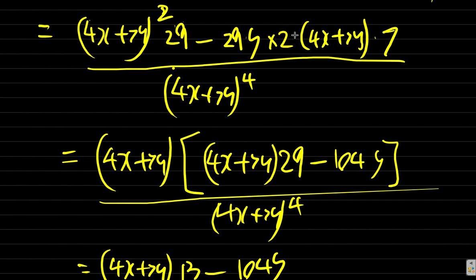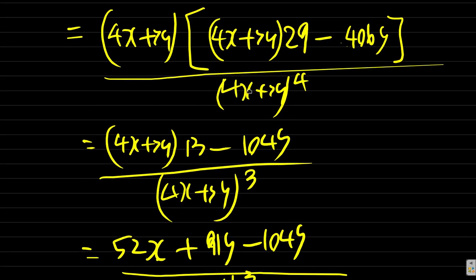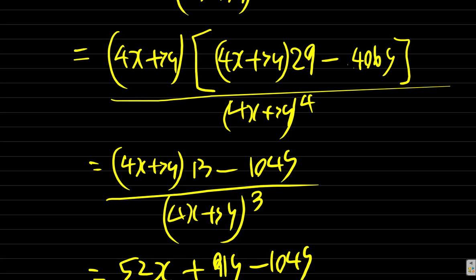You get 406, so 406y. Then here again, this is 29 and 13, minus, and then you have 406y.